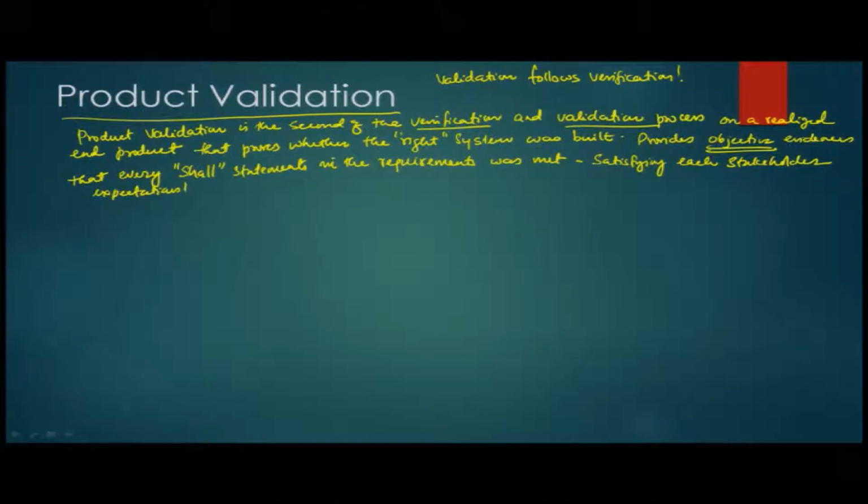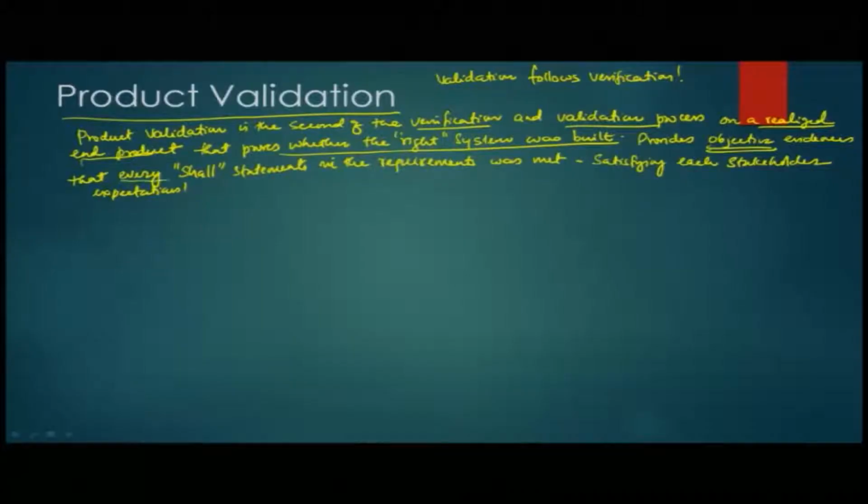So, the important aspect is that validation happens on a realized end product and proves whether the right system was built, or we are trying to find out whether the system that was built is capable of satisfying the requirements set by the customer, or the expectations of the customer set at the beginning when the system was conceived.